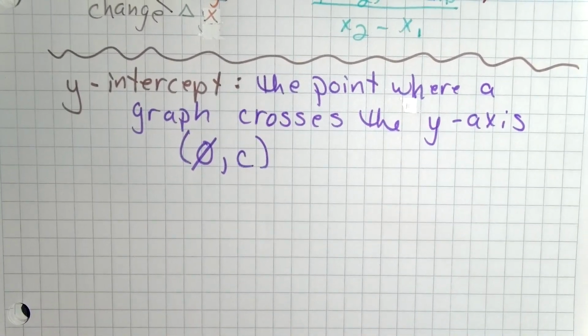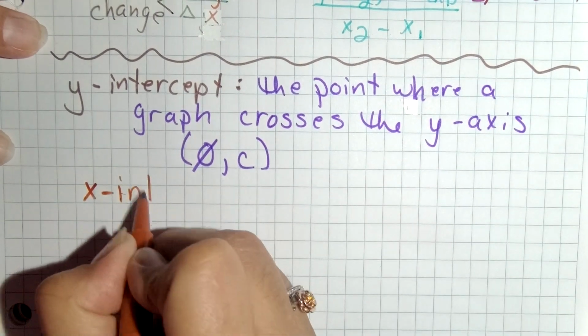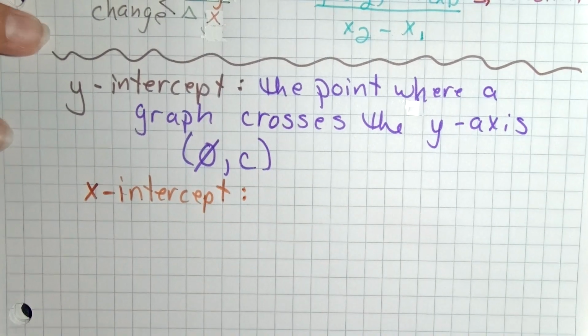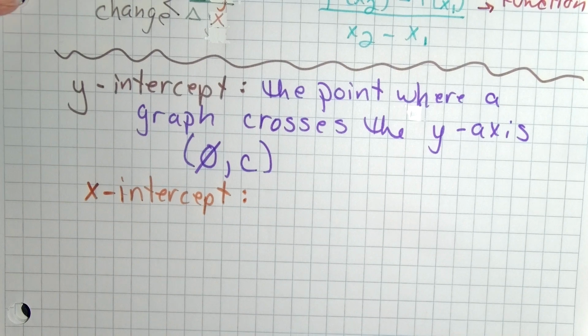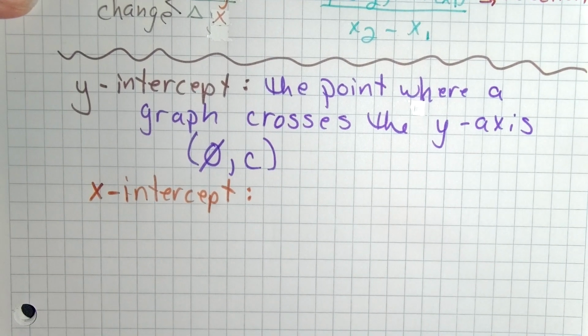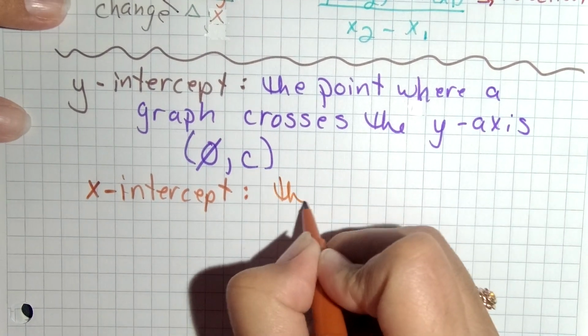Okay. If that's the y-intercept, can anybody derive the definition of the x-intercept? If the y-intercept crosses the y-axis, what do we think the x-intercept does? Very good. Actually, it could be multiple points.